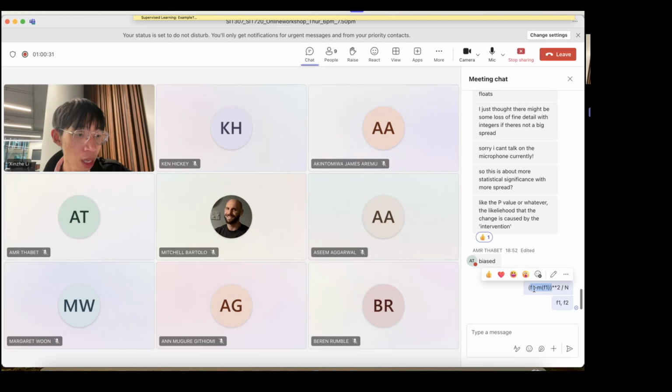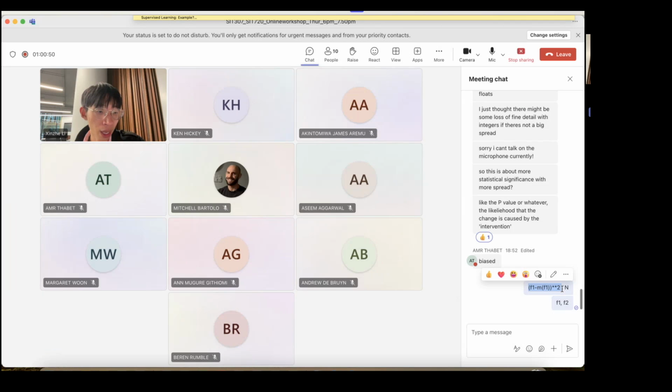I just square each value, and then I make a summation over all of them. But it doesn't matter, right? You can get the general equation of the variance.